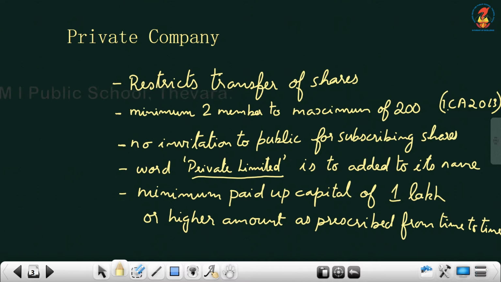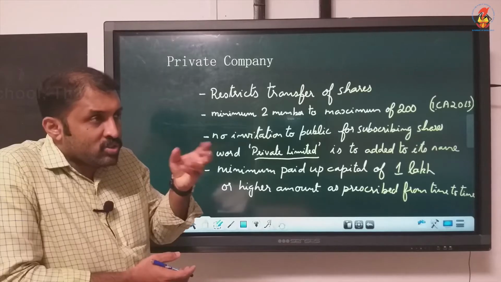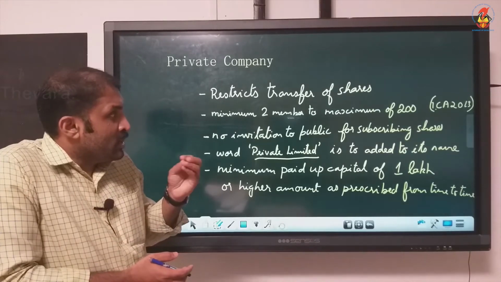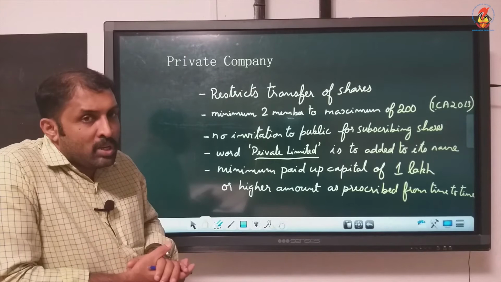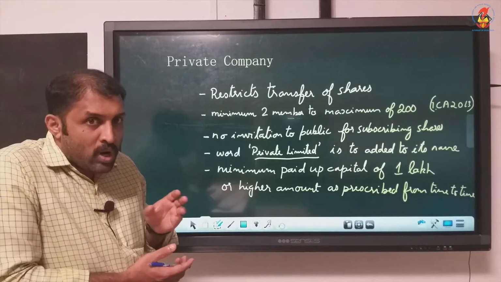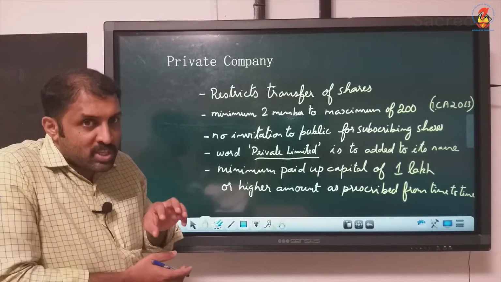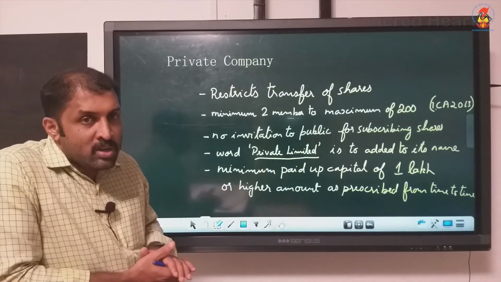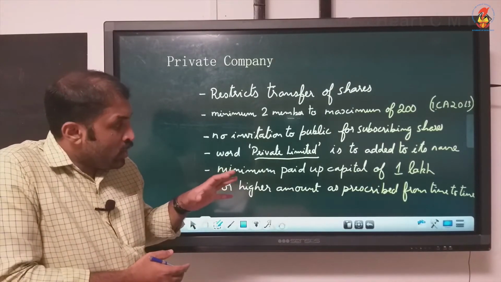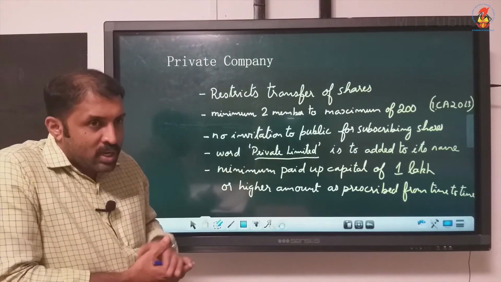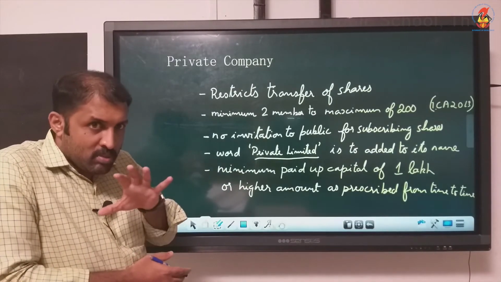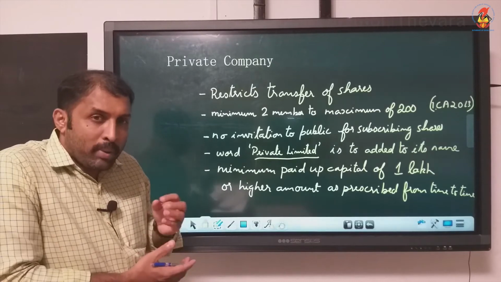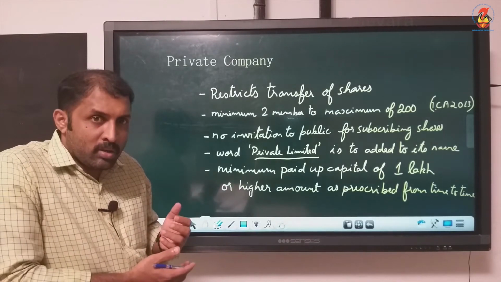That means it's a private limited company. It's a company which restricts the transfer of shares, and the public is not allowed to subscribe. The minimum paid up capital is 1 lakh, which can be prescribed or amended from time to time. So that is the basic idea of a private limited company.